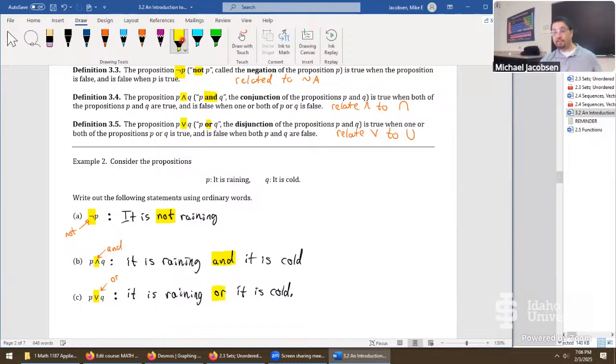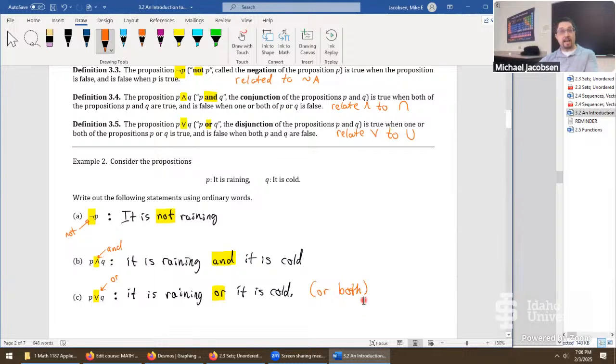Again, we have to be really careful when investigating the truth of this statement in ordinary English. In ordinary English, when we put an or there, we often are thinking an exclusive or. It's one or the other, but not both. But the moment we put that down, this one's inclusive. You don't have to say or both every single time the inclusive or comes up.